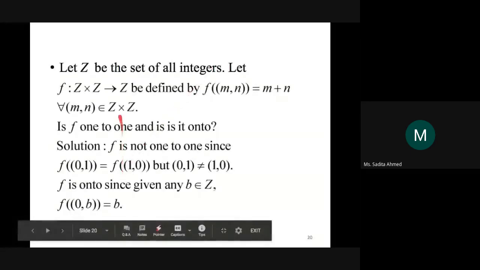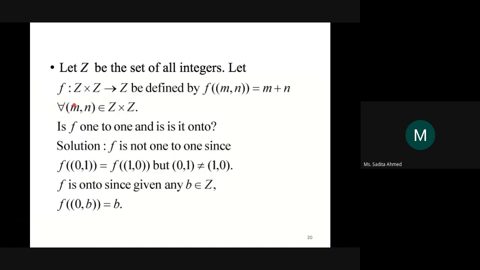Now, instead of setting the domain and the codomain to the set of all integers, what if we changed the codomain, for example, to the domain? What if we change the domain to the set of all positive integers?